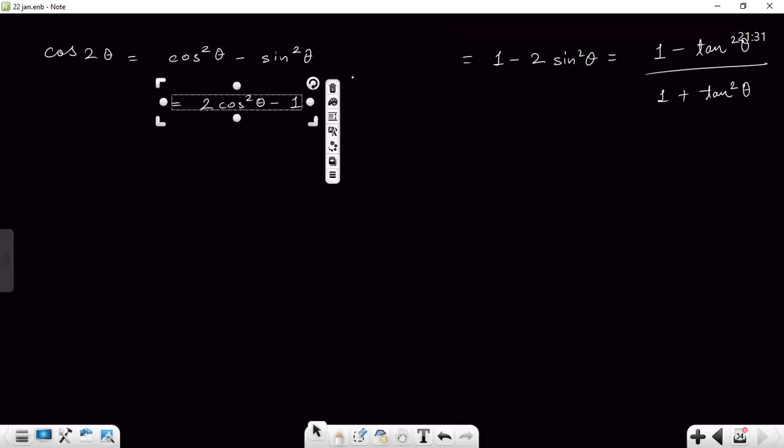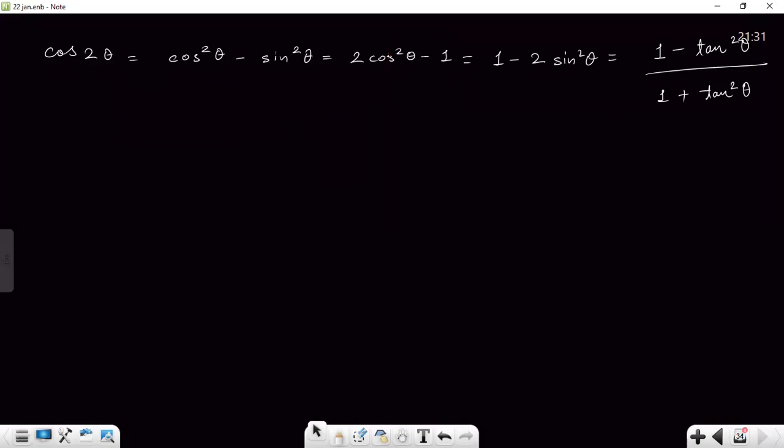Very important formulas. Cos 2 theta formulas are really very important for trigonometry. You have to modify them at times, like if it is written as cos of 150 degrees, it means cos of 2 into 75 degrees. You can write it as cos square of 75 minus sine square of 75, if you know the formulas of sine 75 and cos 75.